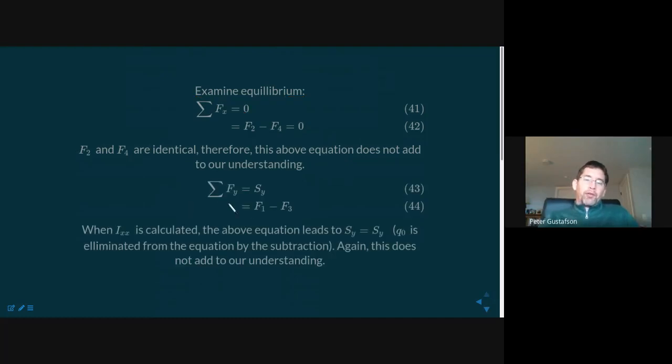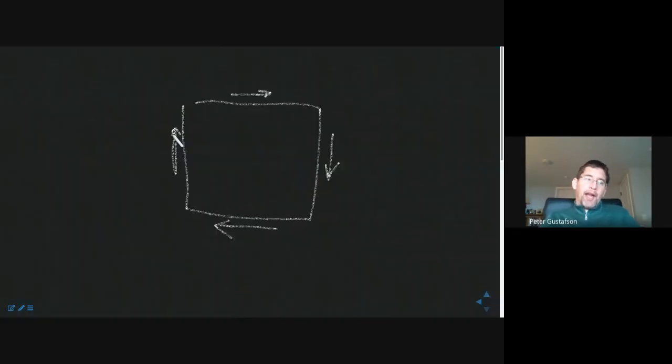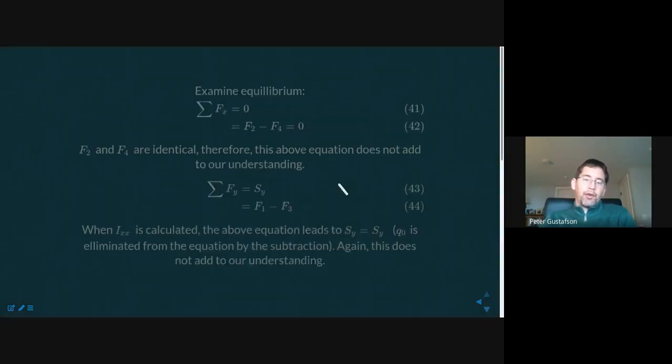We can sum the forces in the y direction. Keep in mind that F1 over here was positive upwards in the y direction. F3 was downwards. So you're going to get F1 minus F3.